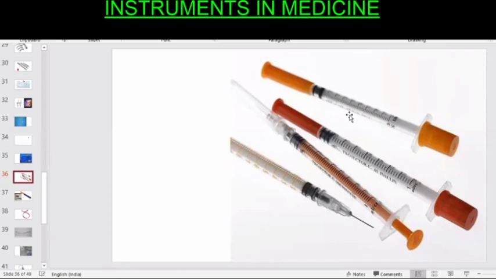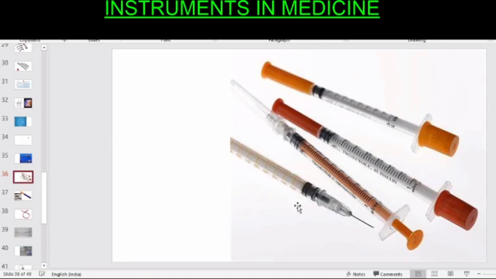One is calibrated up to 40 and the other up to 100. Yes. The red one is always 1 ml divided into 40 markings, while in the black one 1 ml is divided into 100 markings.